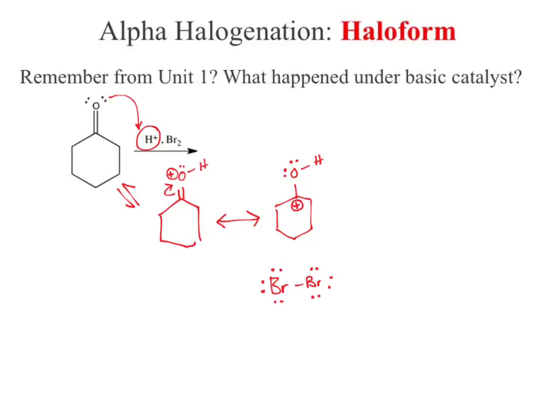But to make it bromide, I'd have to have a bromine cation form. Bromine cations aren't particularly stable. Okay, so I can't get the bromide. Any other ideas? Nope.